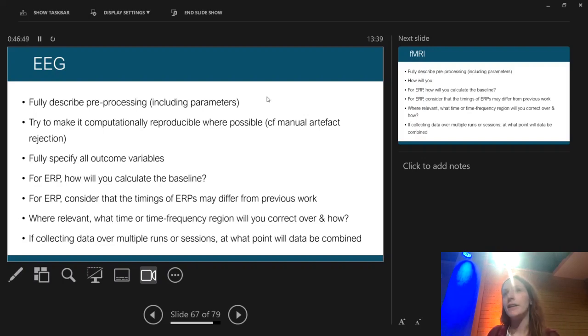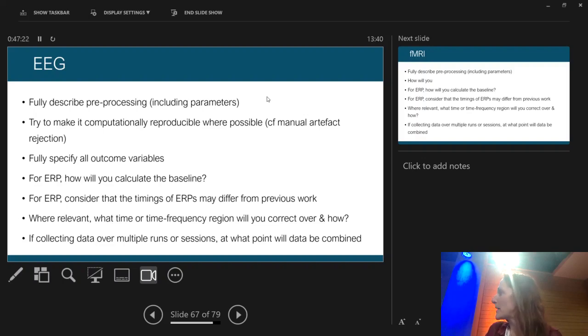I like removing them manually, eyeballing it. The downside is that nobody else can reproduce what you've done. So other people use ICA or some algorithm. Sometimes it's useful to not do things manually so that it's computationally reproducible. But if one technique is just clearly better than another, you're not going to sacrifice a good technique just for a neat pre-registration.